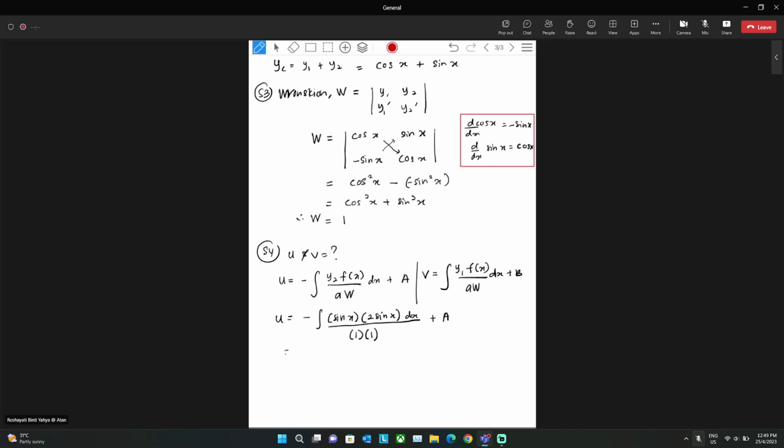Okay. So negative 2 integration of sine multiply with sine squared x dx over 1 plus a.